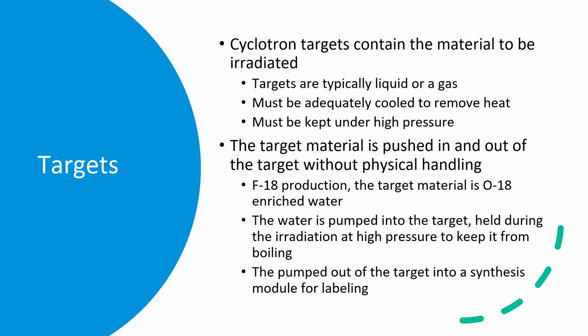The water is pumped into the target, held during the irradiation at high pressure to keep it from boiling, and then pumped out of the target into synthesis modules for labeling. Those synthesis modules are essentially machines that enable it to be readily and more easily tagged without a radiopharmacist having to handle it.